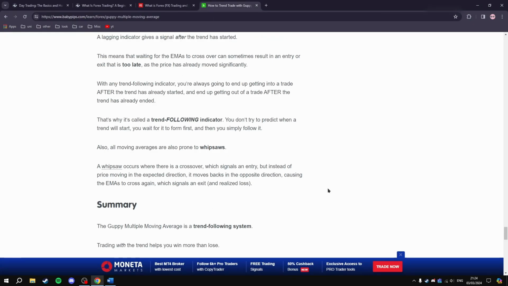With any trend following indicator, you're always going to end up getting into a trade after the trend has already started, and getting out of the trade after the trend has already ended.